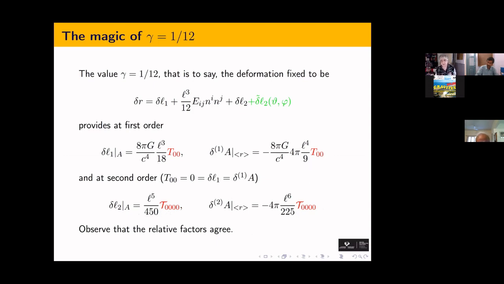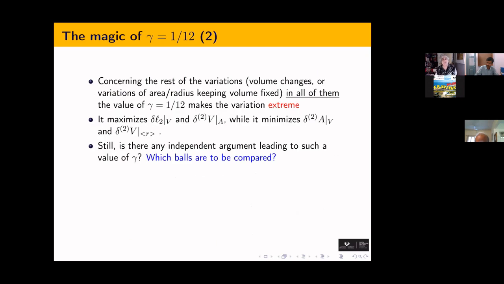So one can say, okay, so then maybe this is a good definition for energy density. Now, what happens to the rest of variations? Because we have also only been concerned with area and radius. Now, if you compute, for example, the volume change and other things, the value 1/12 always makes the variation extreme.